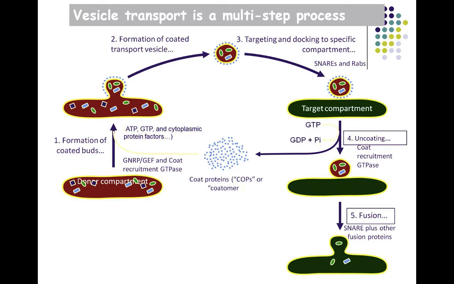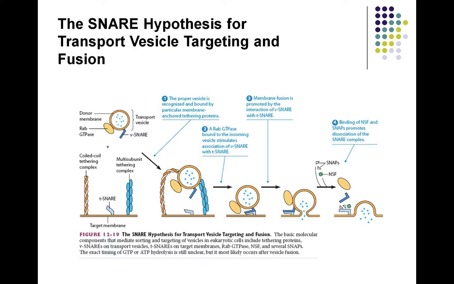So, for the targeting and fusion of transport vesicles, we have one very popular hypothesis, the SNARE hypothesis. Okay, so let's examine this narrative.